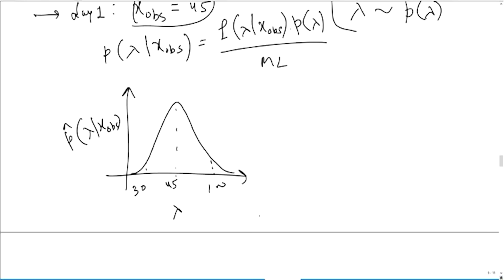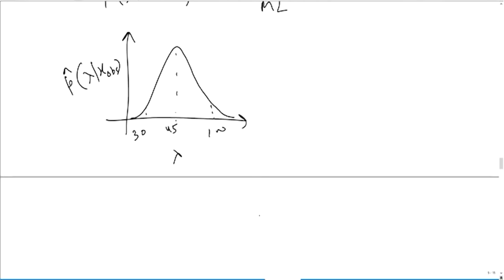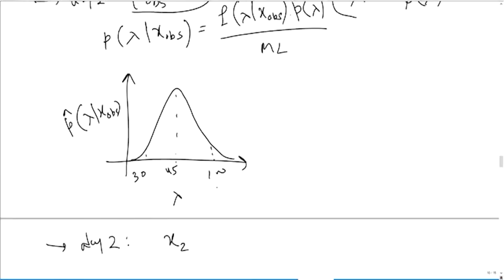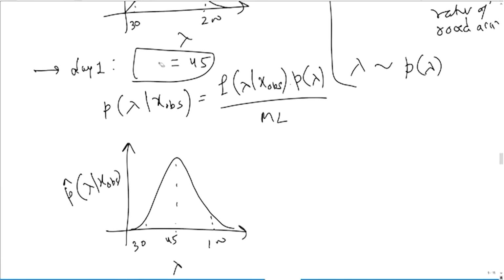Okay. Now suppose you again observe the road accidents on day 2. So you collect more data on day 2, and let me write day 2 data as x2, okay, and let me write day 1 data as x1. So I'm replacing x obs by x1. Okay.